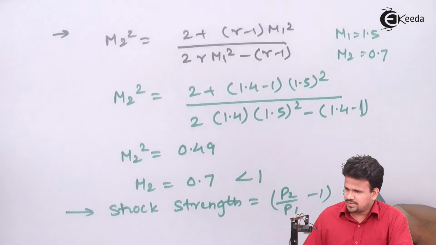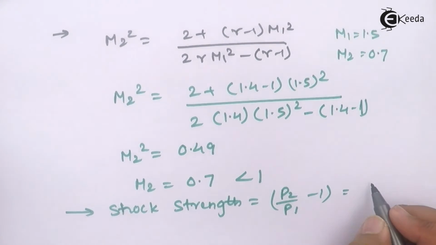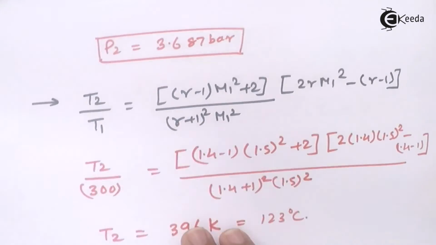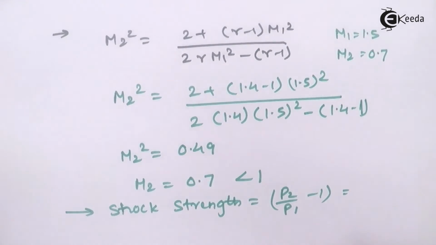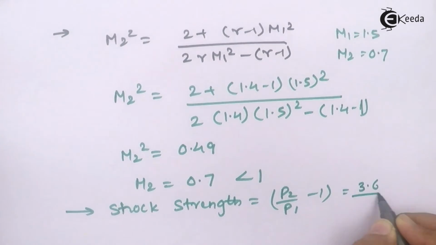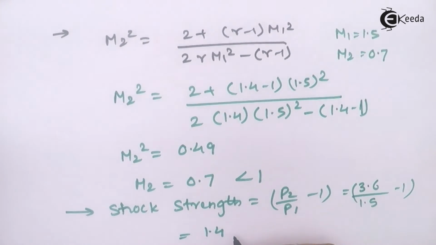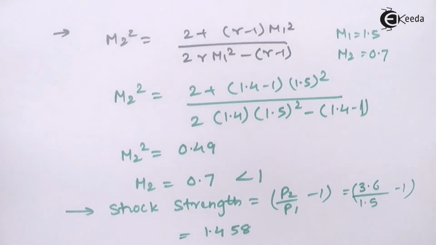So this is equal to the final pressure which we calculated in the previous section, 3.6, upon the initial pressure 1.5 bar, minus 1. The shock strength comes out to be 1.458. So this is the shock strength which we get from the evaluation.